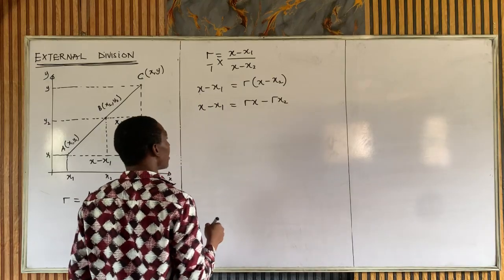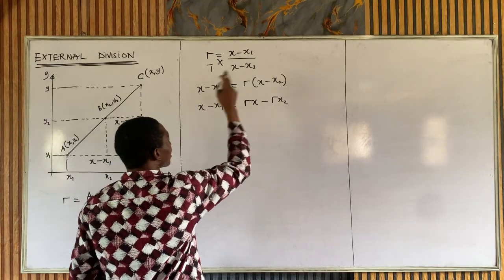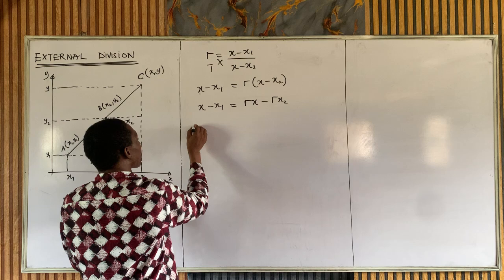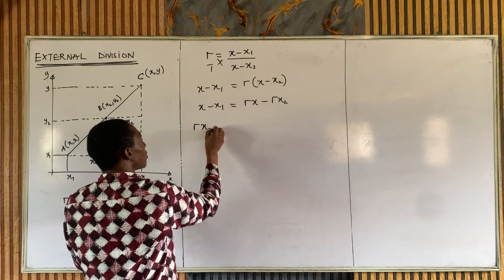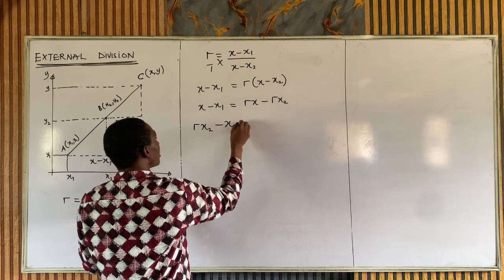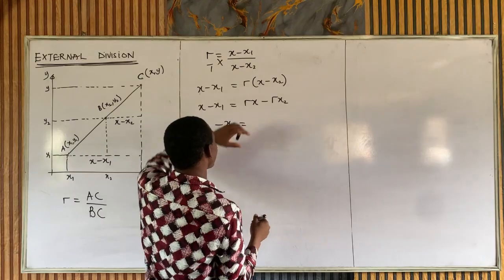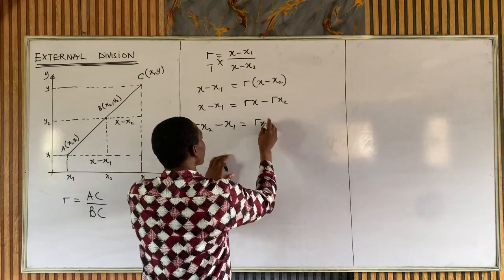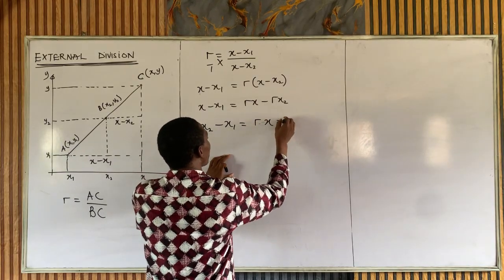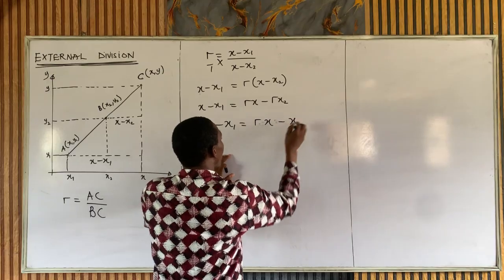From here, I could take this to this side and bring this to this side. That will give me Rx2 minus x1 is equal to, I'm bringing this x here, Rx minus x.